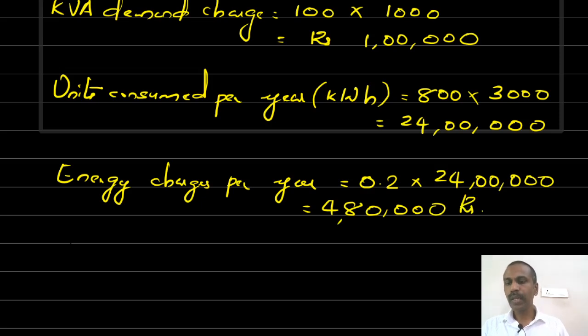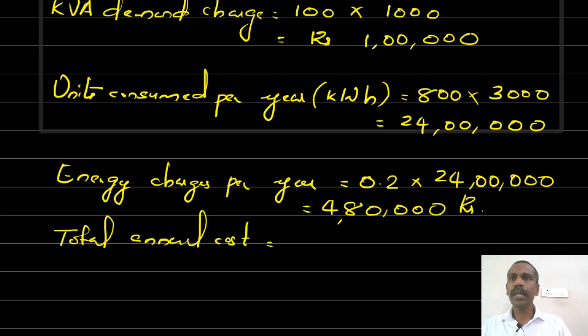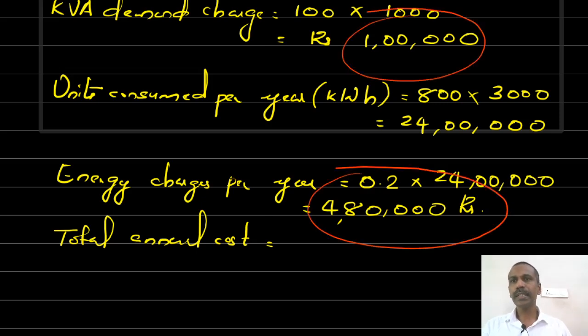So what is the total amount? Total annual cost is equal to the kVA demand charges 1 lakh plus the cost towards energy consumption or kWh usage, 4 lakh 80,000.